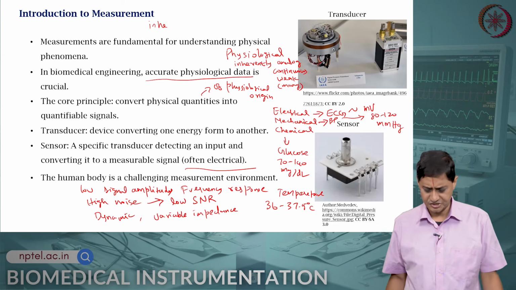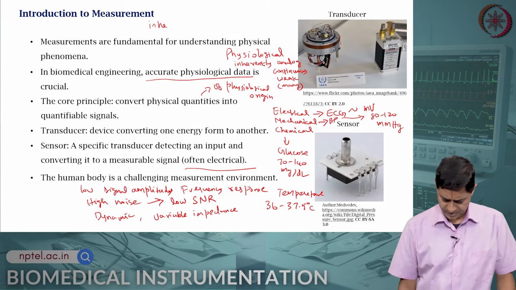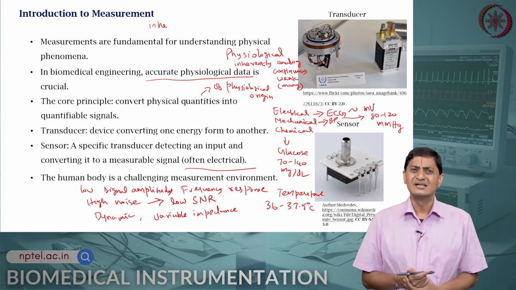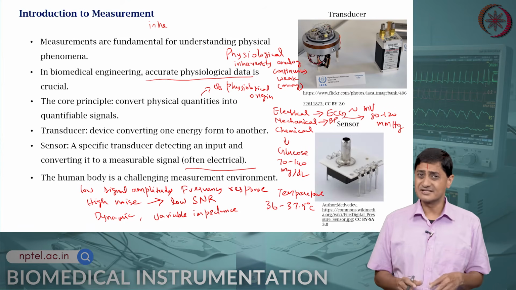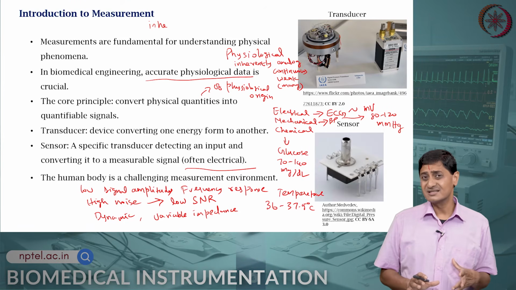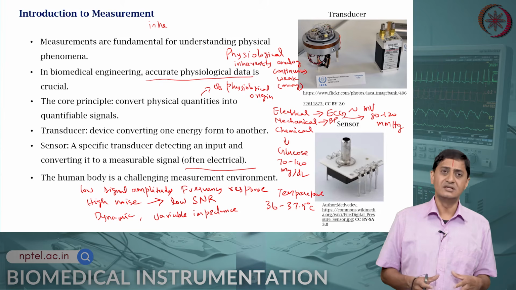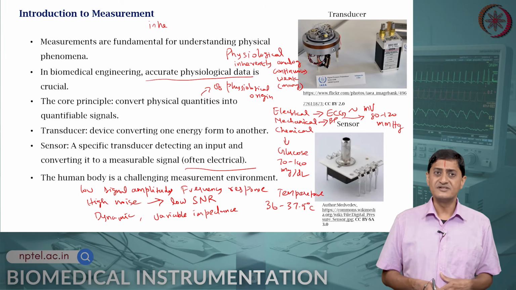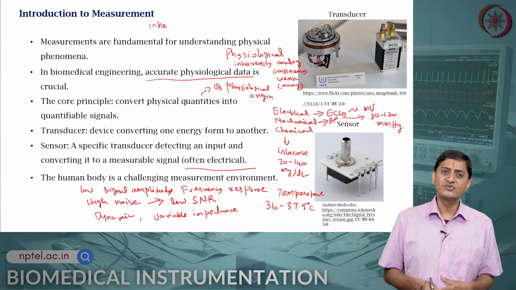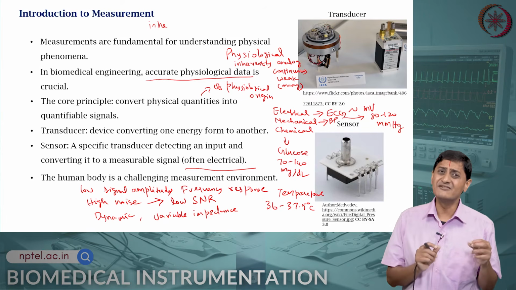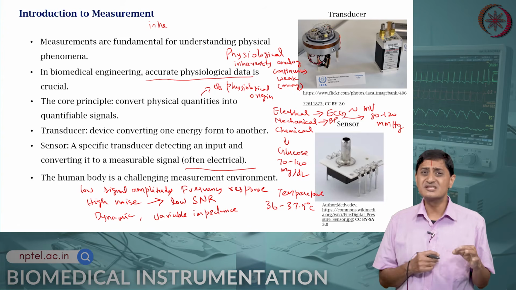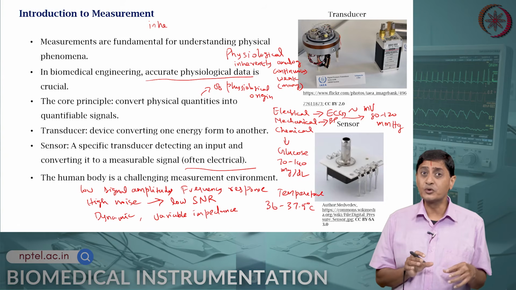Right. For example, consider a digital stethoscope, not the regular stethoscope. In future weeks we will look at a digital stethoscope, in which, if you use a film based digital stethoscope, it converts the vibrations on the chest wall into appropriate acoustic signals.